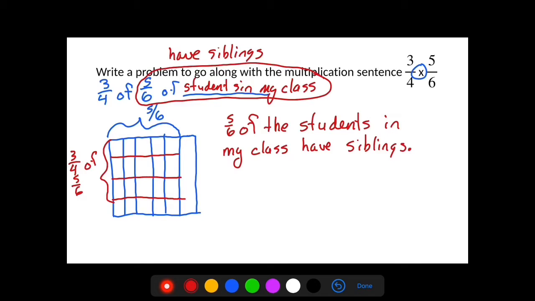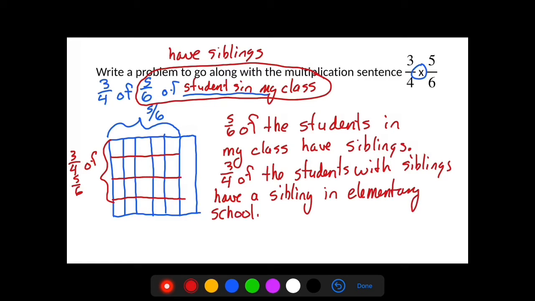Okay, now I need to say something about the 3/4 of the 5/6 of the students in my class with siblings. Maybe their siblings go to elementary school. Okay, so I have the 5/6 of the students in my class, and then 3/4 of those have a sibling in elementary school.